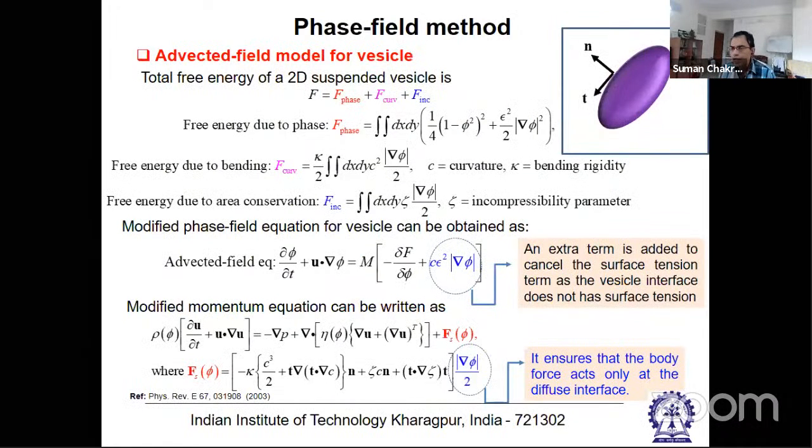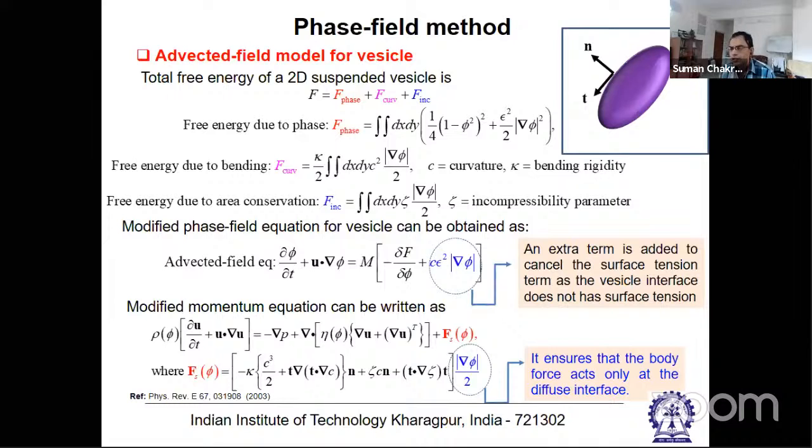So to do that, this is the little bit of change that you have to make in the free energy description, where if you have a membrane, the membrane is like a mechanical entity which has a curvature, which has bending. So all those parameters have to be brought in the calculation.